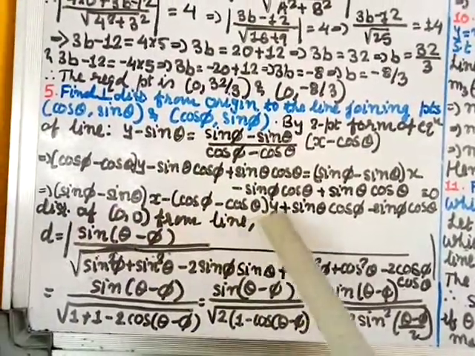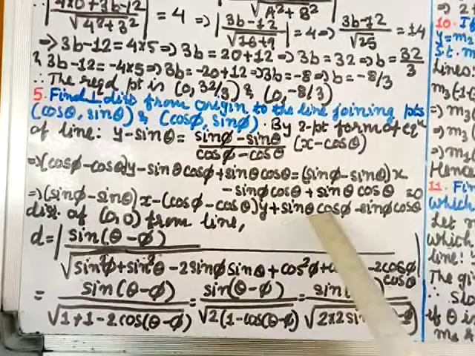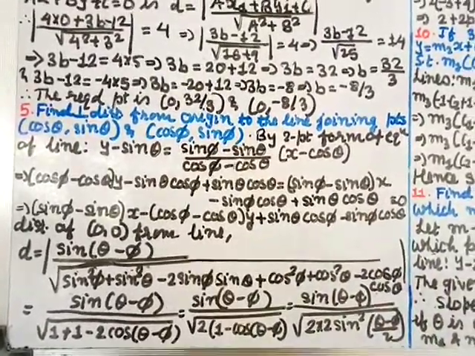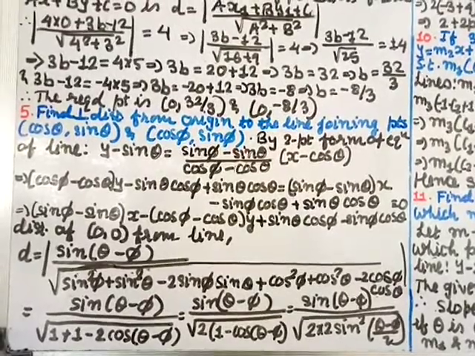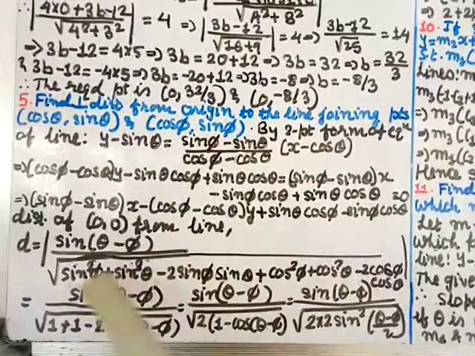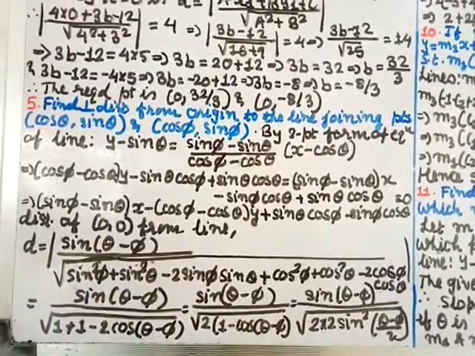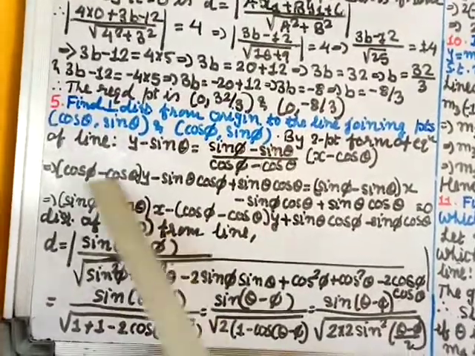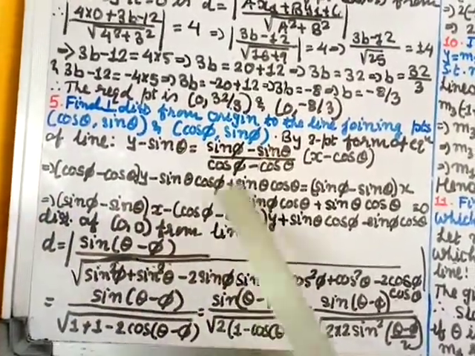So in the numerator remains this one, sin theta cos phi minus sin phi cos theta, but this is the formula of sin theta minus phi. Okay, this is a formula we have done in chapter 3. This I can write as sin theta minus phi, and the denominator is under the square root a square plus b square. A square means coefficient of x square plus coefficient of y square.